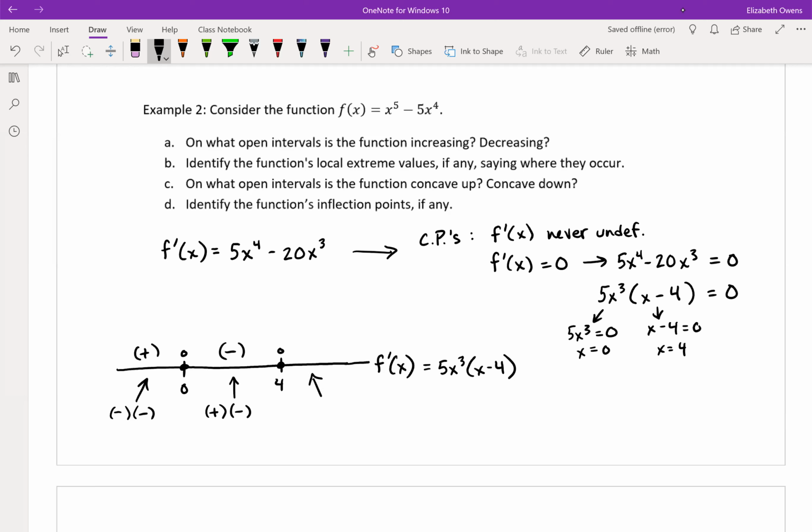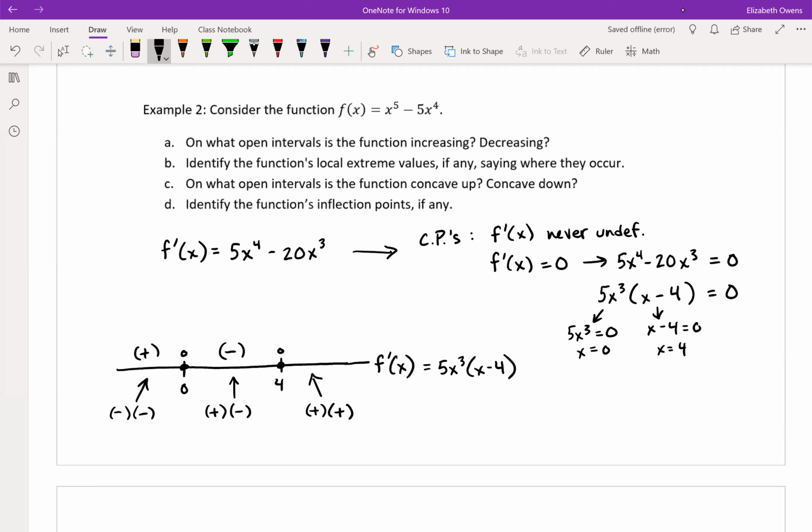And you do the last one here, pick some number greater than 4, and both factors should turn out positive, giving you a positive first derivative. All right, so that gives us a lot of information on that number line. We can identify where our function is increasing and where it's decreasing.